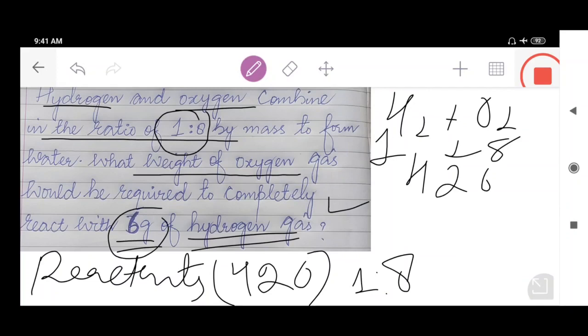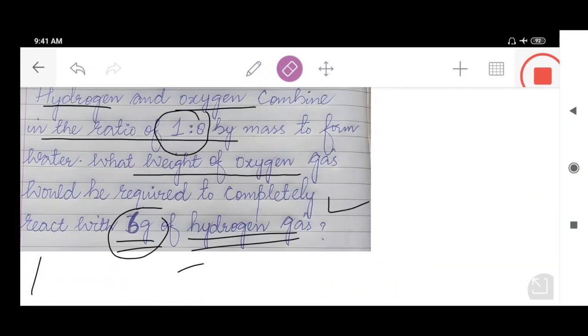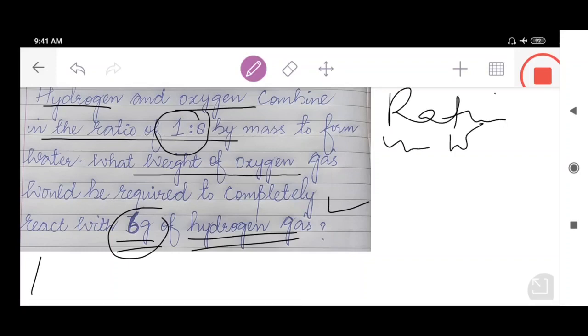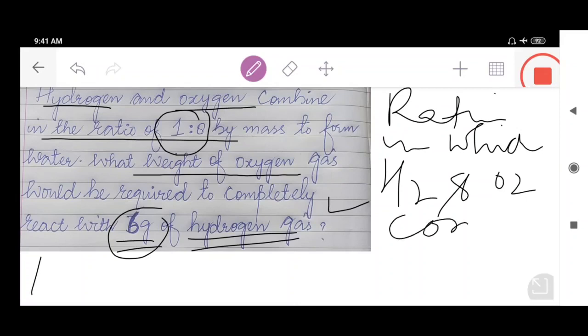So the solution of the question is: the ratio in which hydrogen and oxygen combine. That ratio is 1:8. Jot this down fast.